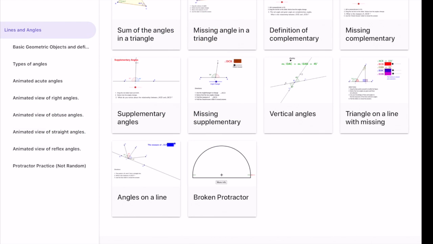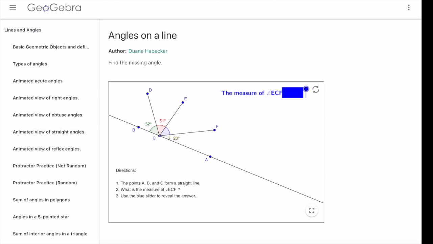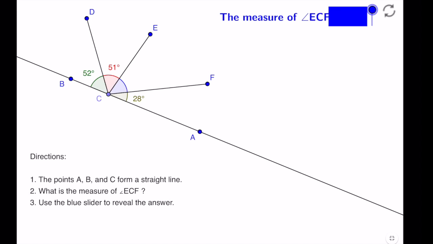Okay, now we're moving on to angles on a line. I'll just cover this real quick since it's there. So they give you a bunch of different slices of this straight angle on line AB, right? So you have all these different angles. Can you figure out the one that's missing?